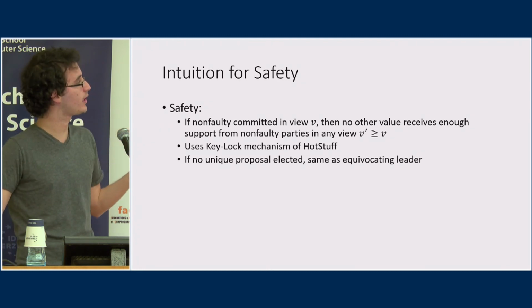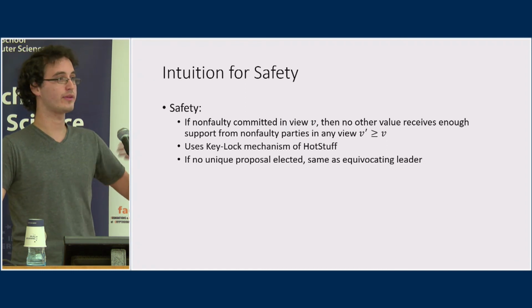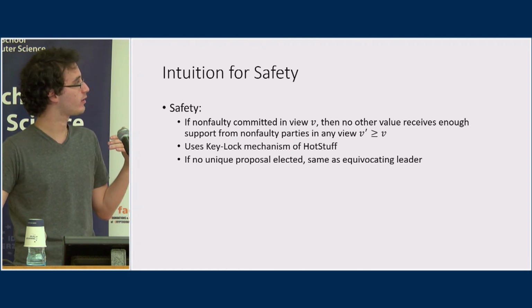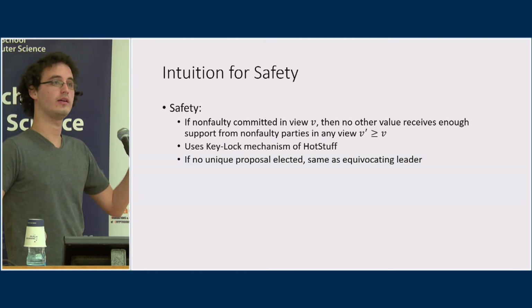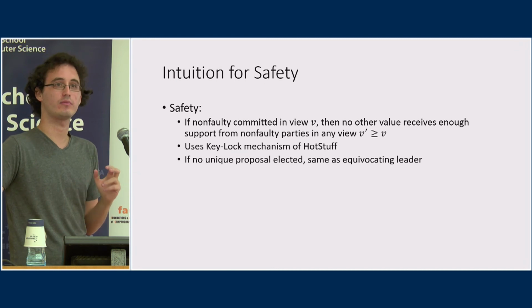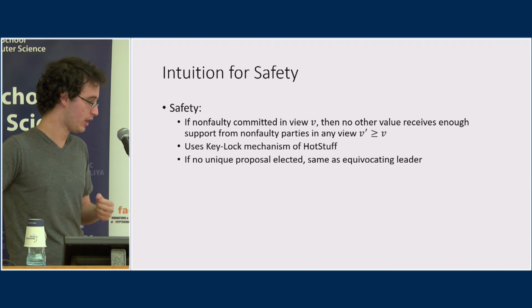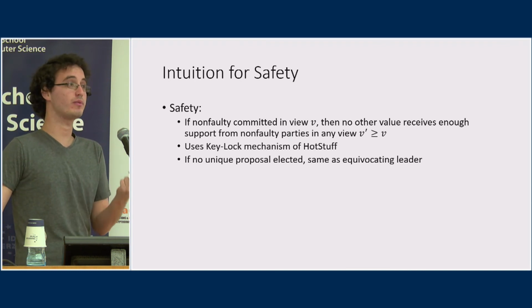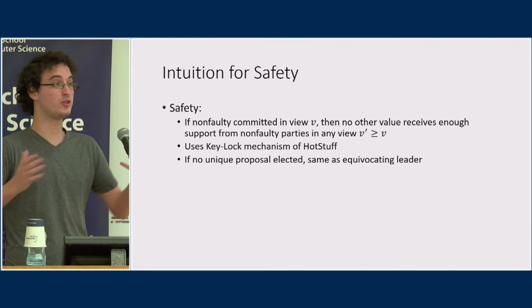We use the same key and lock mechanism of HotStuff, and we inherit this type of safety. Now, the only thing that might be a little different from HotStuff, the first thing I thought of when I looked at this approach, is that we have a specific type of behavior that can't happen in HotStuff: having two different leaders.